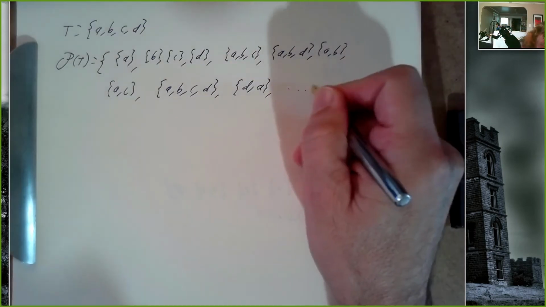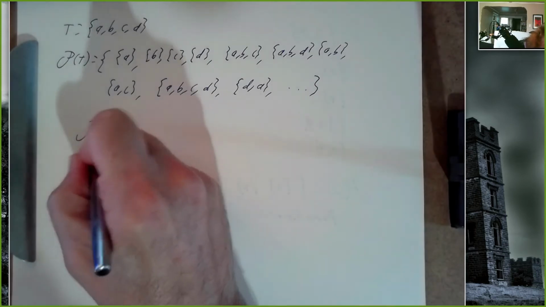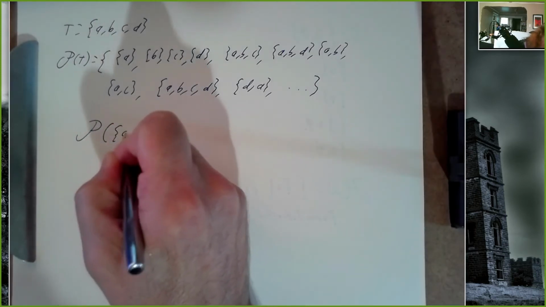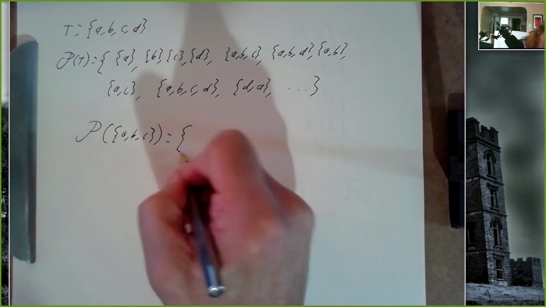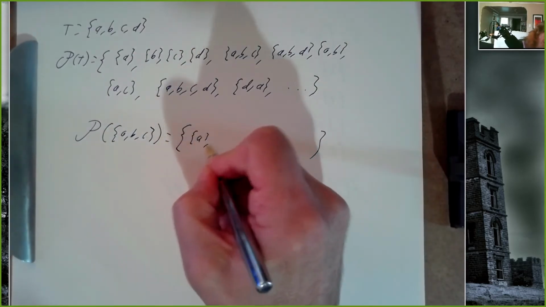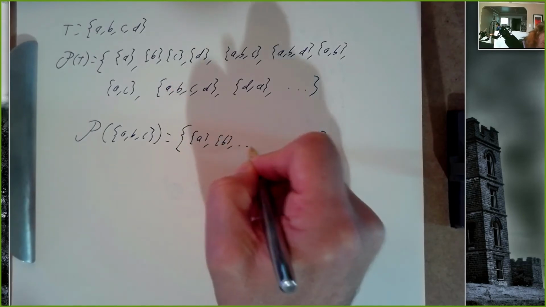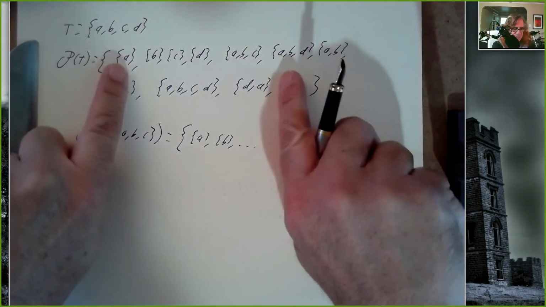Could we include the power set of ABC? The power set of ABC would be a set containing a bunch of other sets. And this set of sets is not going to be one of the elements in here.